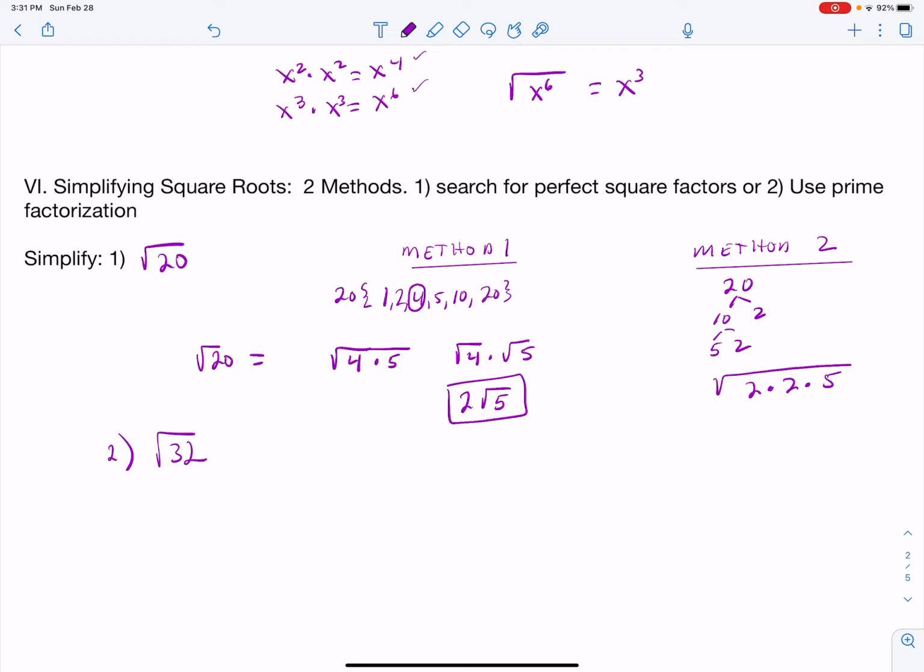Since it's a square root and our index is 2, we're looking for pairs. For every pair we can take, here's a pair of 2s, we can take 1 out and cross off the pair. And now we just neaten it up. It's always multiplication. Whenever you bring something out from underneath the radical, it's multiplication. So we would have 2 times the square root of, and the 5's got to stay underneath the radical. And we get the same answer. All right?